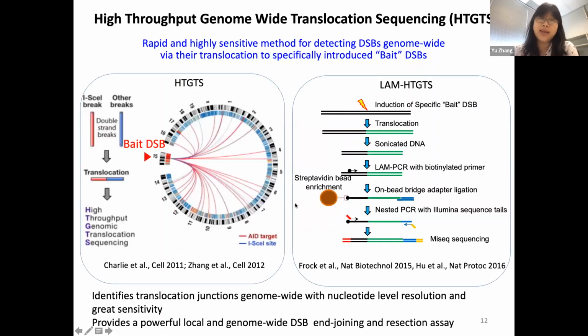This assay was further improved greatly in its resolution and sensitivity by adding a step of linear amplification mediated PCR, which turned it into the so-called LAM-HTGTS.